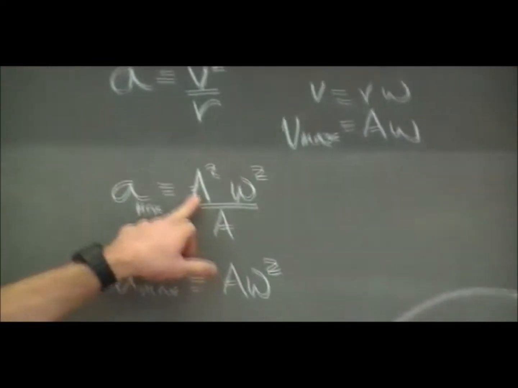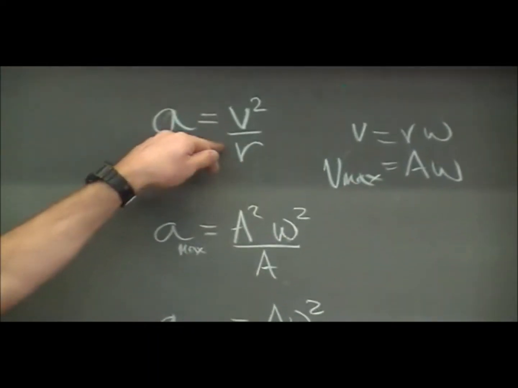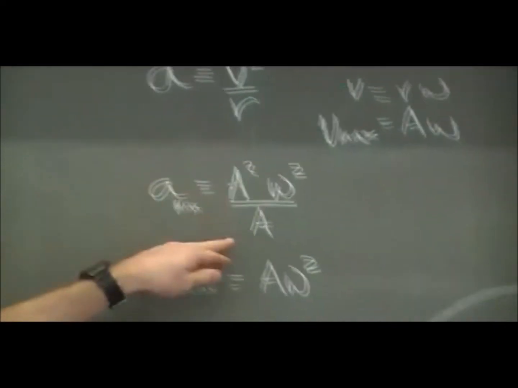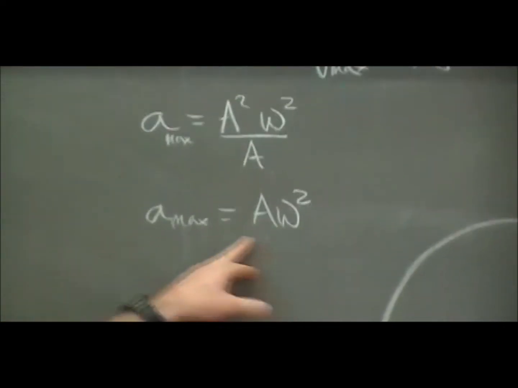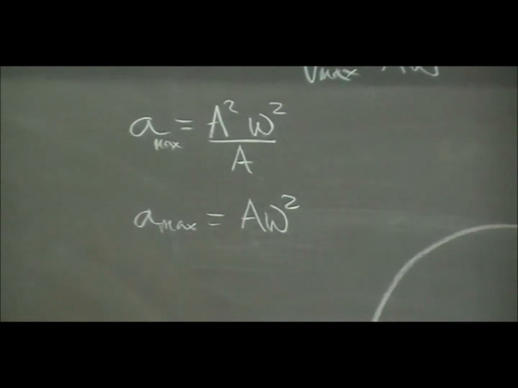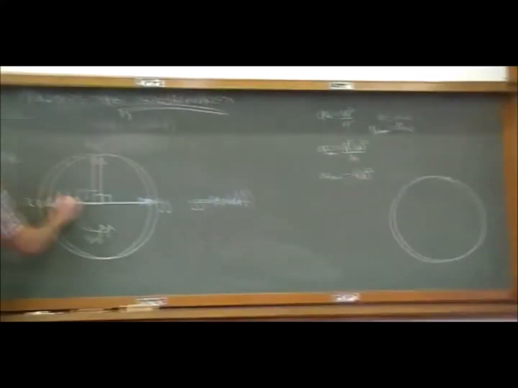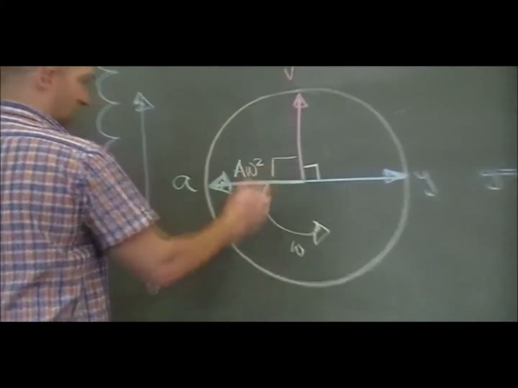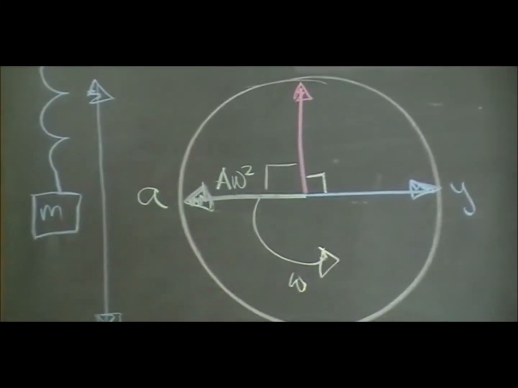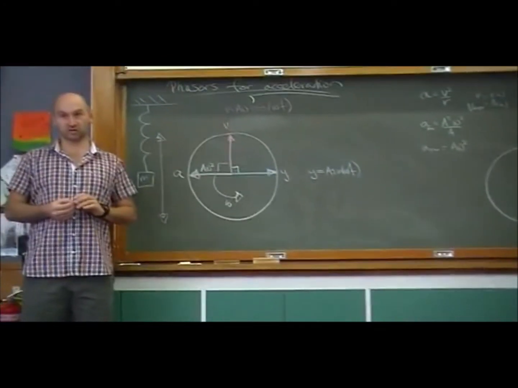We're going to get a squared omega squared over a, because the radius of the circle is the amplitude. And that just cancels out to leave us with the length of our acceleration phasor as a omega squared. Let's write that on. A omega squared, and once again, let's write that down as a function of time.